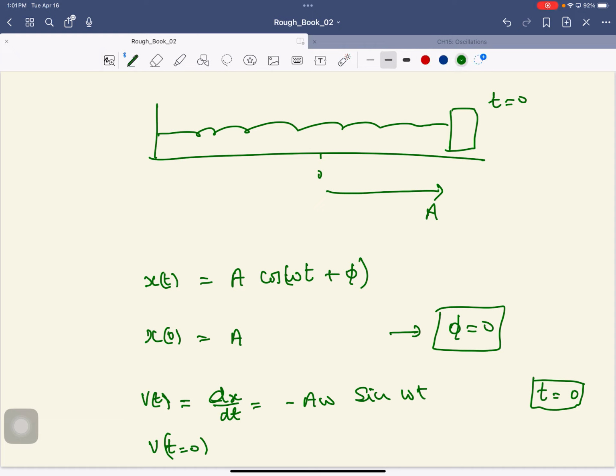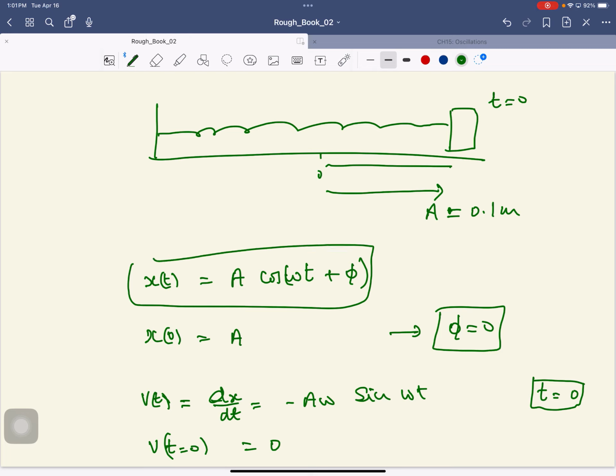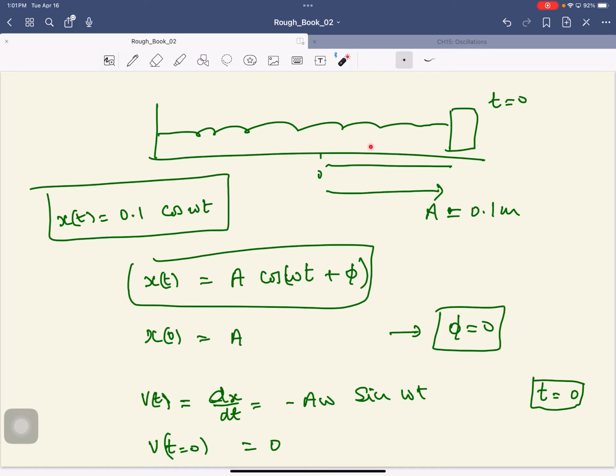So if as your initial condition you pulled it to A equal to 0.1 meters and let go, that means it starts with velocity 0. Then your solution is x of t equals 0.1 meters times cosine(omega t). See, your initial conditions determine this constant and that constant.